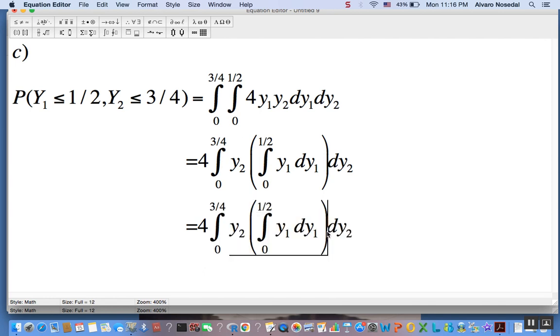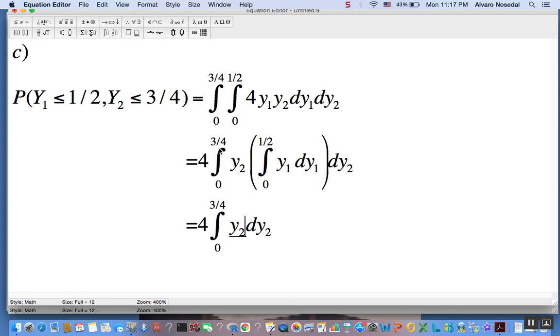As I said, it's going to be y1 squared divided by 2. Let me write that down.